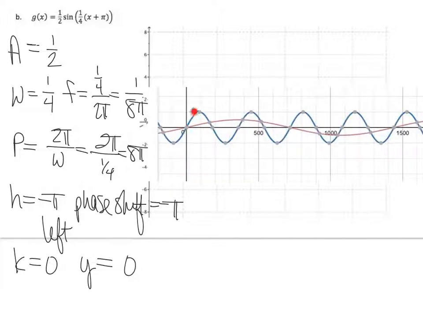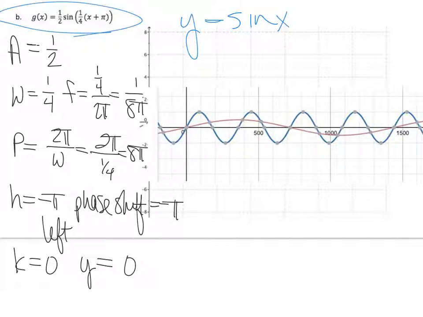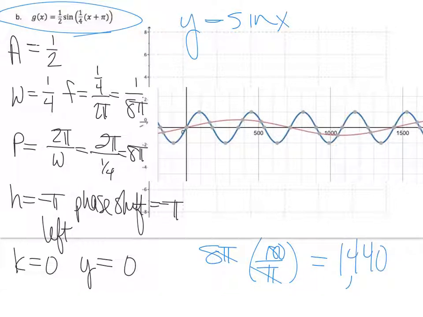What you see in blue is the function y equals sine x. What you see in red is the function given, the g of x. If you change 8 pi into degrees, you get 8 times 180, 1440 degrees, and that's what you see right there.